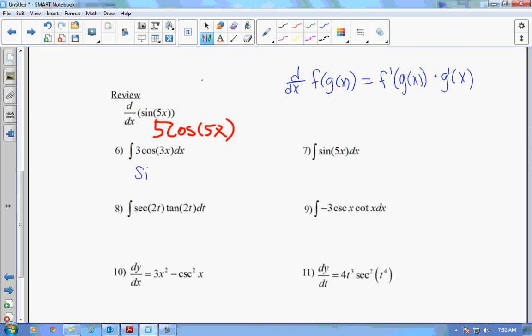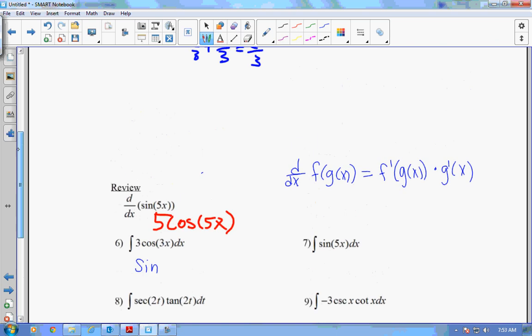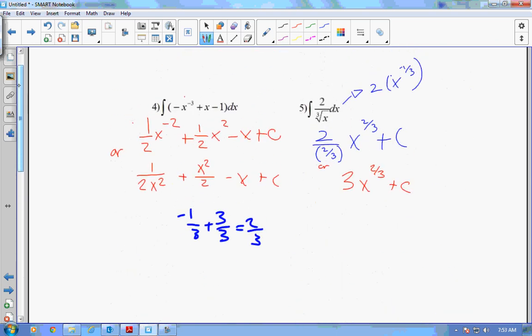So positive sine of, we're going to undo the chain. Still the inner function, but instead of multiplying by the derivative, you have to undo that. You would divide. And that's similar to what we do here, isn't it? We end up dividing by the power.